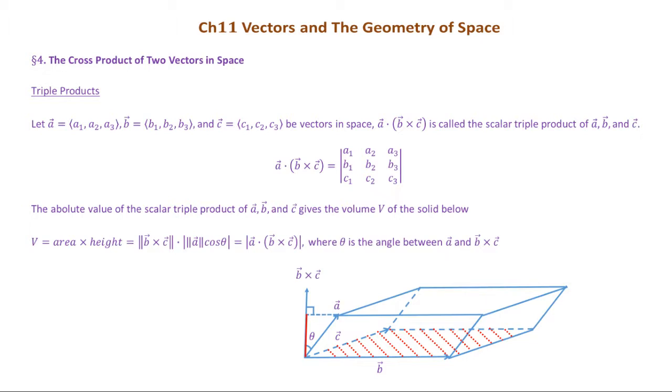But then what does this triple product mean geometrically? It turns out that the absolute value of the scalar triple product of A, B, and C gives the volume V of the solid formed by the three vectors A, B, and C shown in the graph.